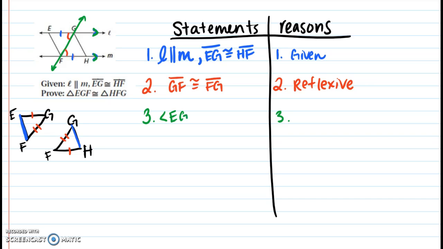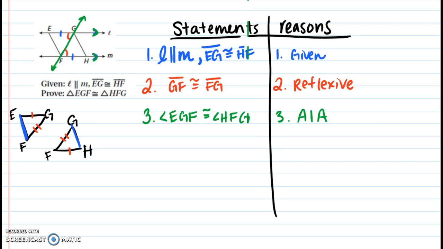So angle EGF is going to be congruent to angle HFG. And that is because of alternate interior angles. We know that those are congruent. That is the reason why we can say that those angles there are congruent. I'm just going to get rid of my weird green line that showed up.